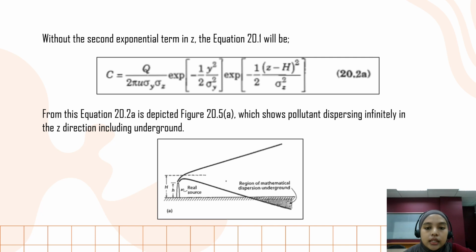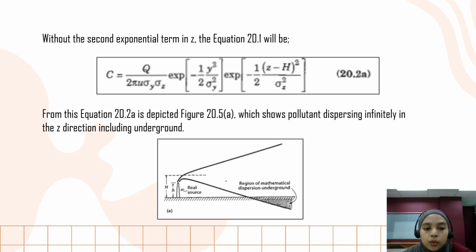In equation 20.2a, it states that without the second exponential term in z, which is from equation 20.1, the equation will be equation 20.2a.